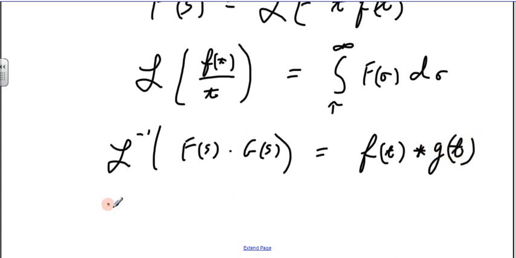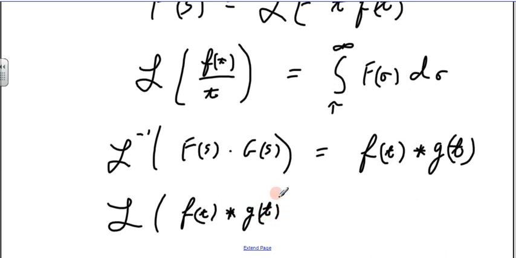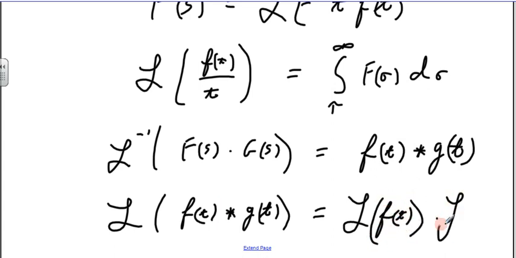And if I take the Laplace transform of f of t convoluted with g of t, I'm going to get the Laplace transform of f of t times the Laplace transform of g of t. Okay, I hope that's all the theory we have to deal with. No, it isn't. Okay, so we have another theorem.